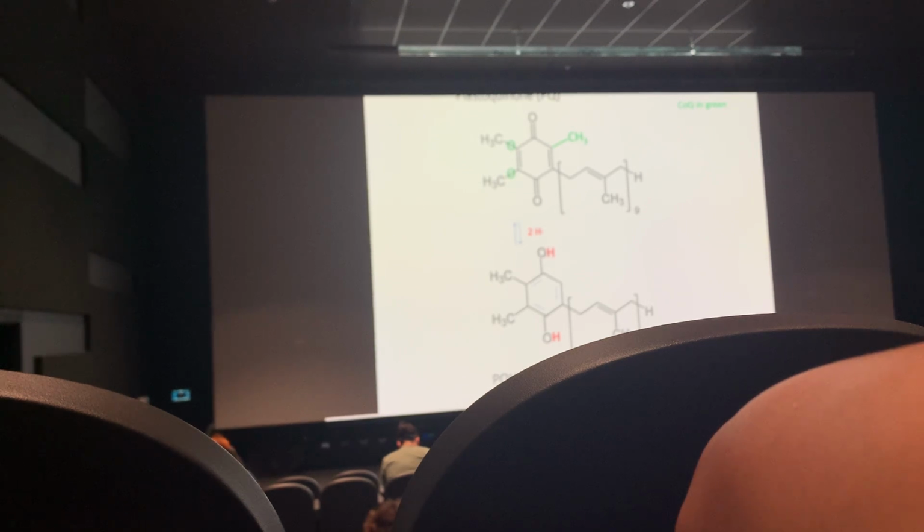So somehow this works a little bit better than coenzyme Q in the chloroplast. So if you want something to carry electrons and protons fast, this is pretty elegant because this is just a small organic molecule. It's not a protein, which is much larger. It can diffuse quite rapidly in the thylakoid membrane.